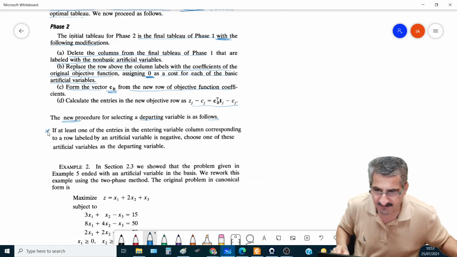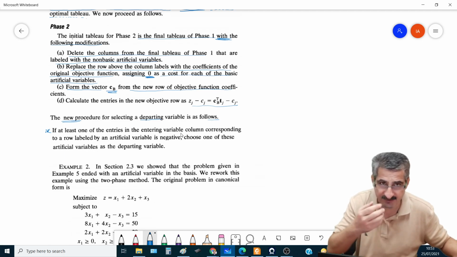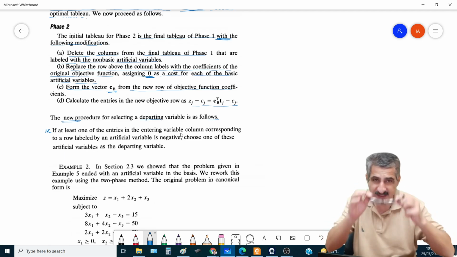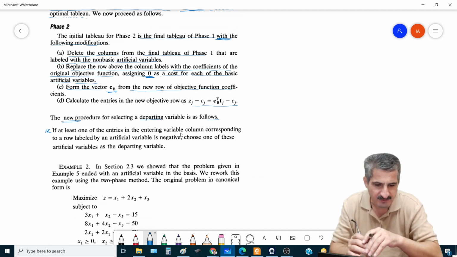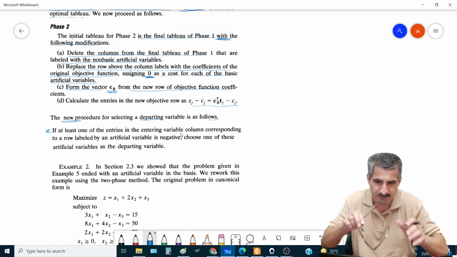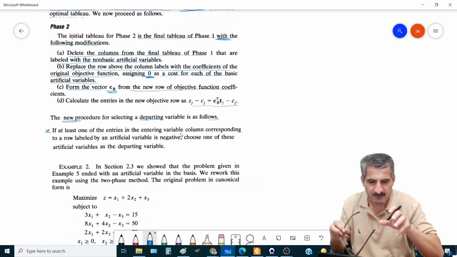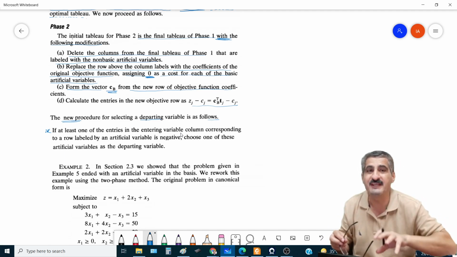See that if at least one of the entries in the entering variable column is negative, we know how to decide the entering variable. Go to the least negative number in the objective row. We know how to do that. Once we do that, we get a column which is the column of the entering variable.